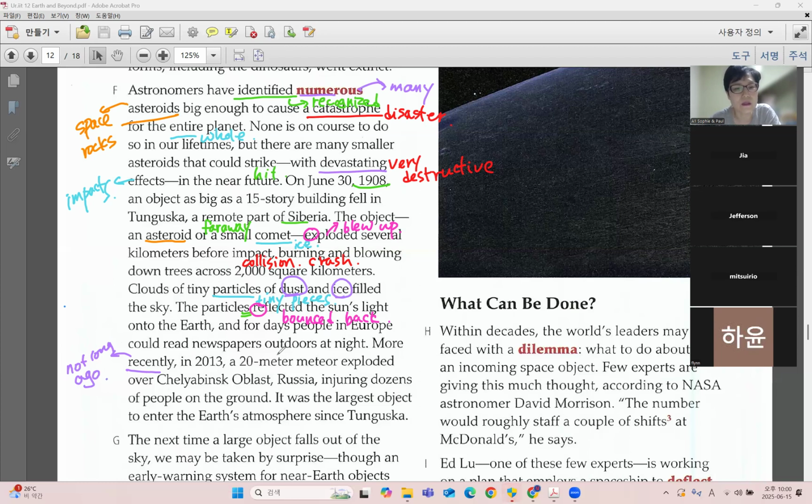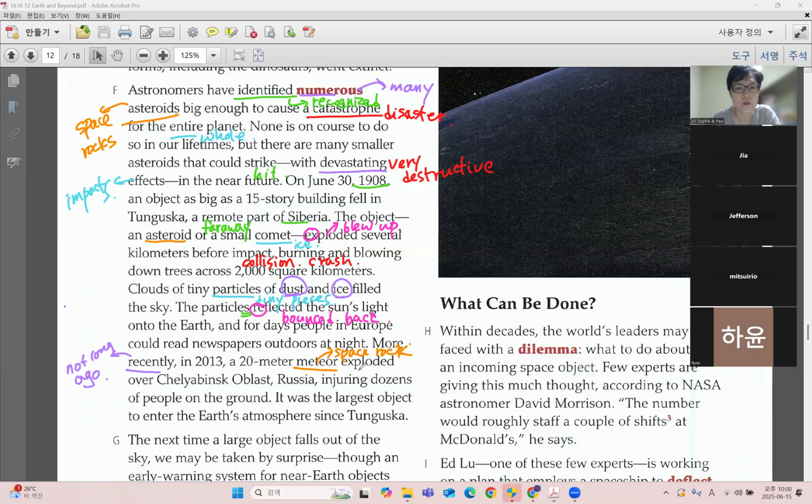In 2013, a 20-meter meteor. What is a meteor again? Space rock. Yeah, a space rock exploded. What is exploded?